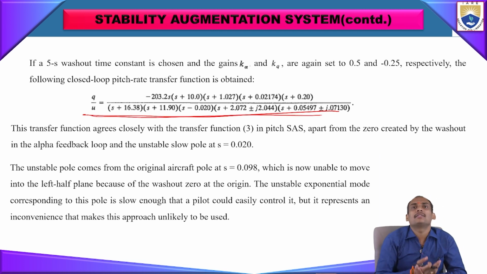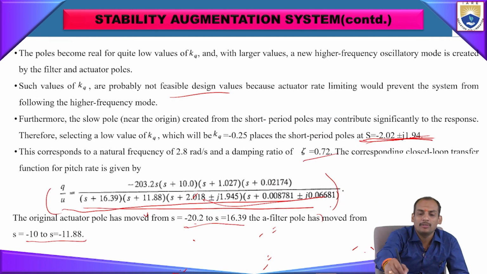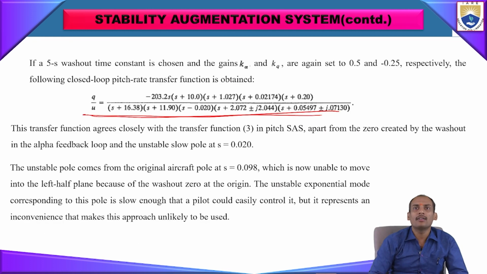This transfer function is closely related with transfer function 3 that has been given previously. Apart from that, the zero created by the washout alpha feedback loop and the unstable pole set as 0.2, that unstable slow pole we will get at this value.